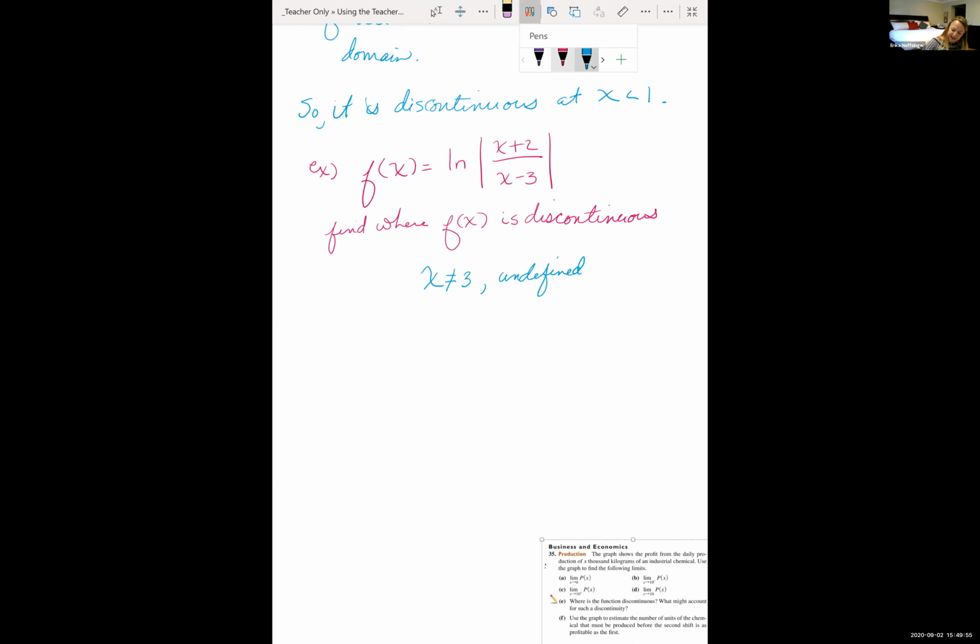So the absolute value of x plus 2, all over x minus 3, has to be greater than 0. It can't even equal 0. And so we need to figure out what values of x make this greater than 0.